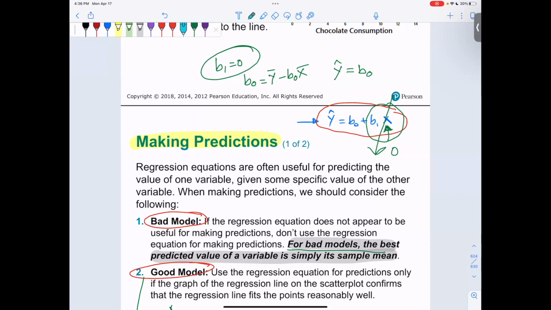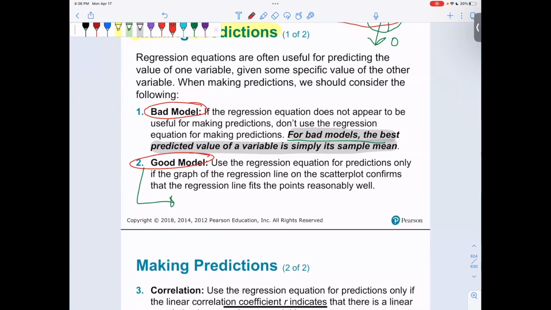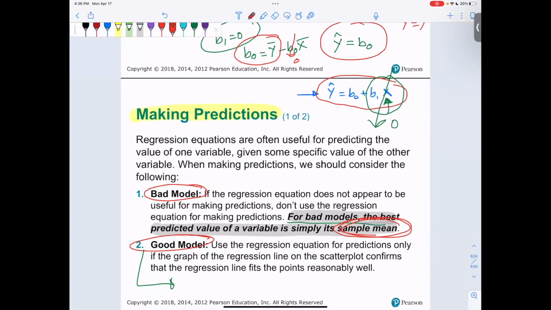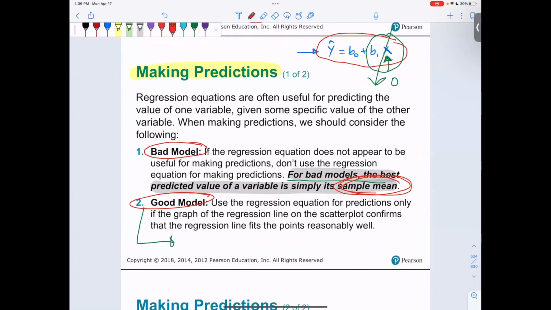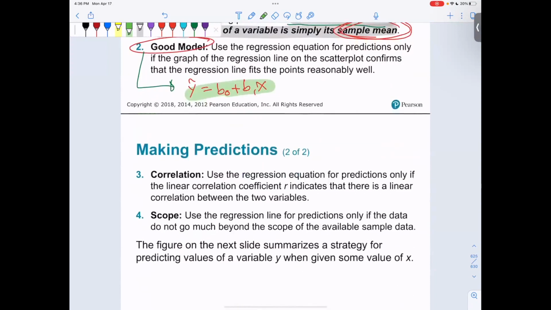Again, if this value equals 0, then y hat will equal y bar, which is using the sample mean. If good model, y hat equals beta 0 plus beta 1 x. Those two functions we will use for prediction.